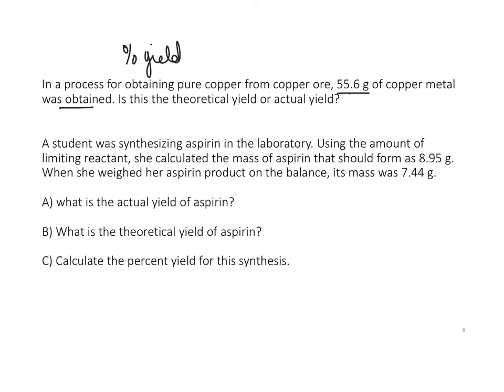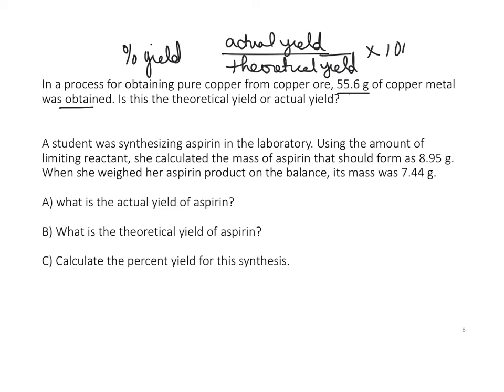And so you want to always do actual yield, which is your formula that you memorize, over theoretical, and then you take that times 100%. So that's your formula. You just do actual yield over theoretical yield times 100%. Actual yield should always be the smaller number, because remember, part over whole should be smaller times 100%.